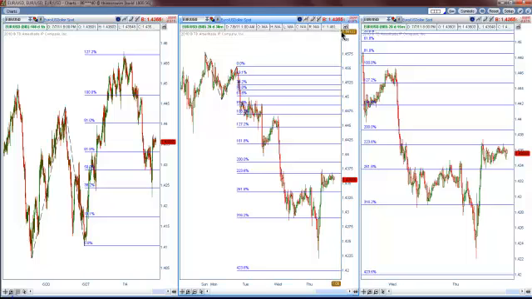I divide that into 30-degree moves, which is 12 different divisions, and basically I use another tool to project 30-degree moves on the chart, which would be a 100% fib. I don't want to call them fibs because they're not fibs. It would be a 100, 200, 300, 400, 500 percent moves, and you can see that the market follows these more often than not. Just that not too many people are aware of them.